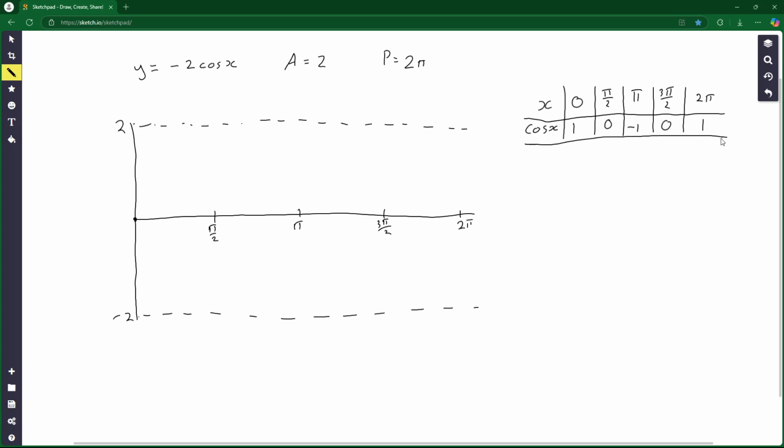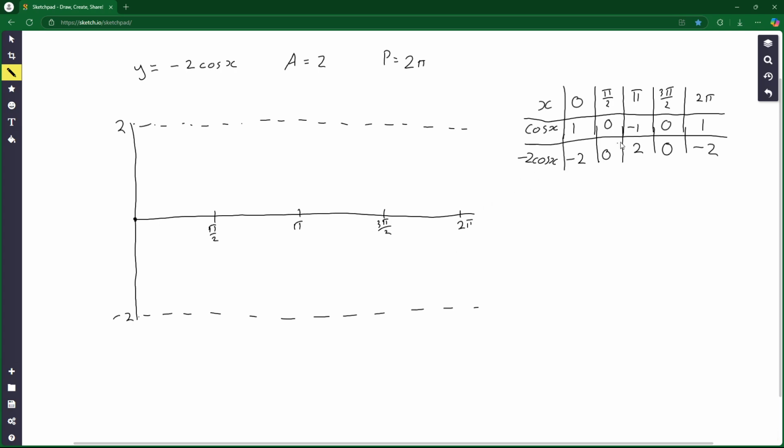Okay. Now we are going to do our -2 cosine x. So 1 times -2 is going to be -2. This is just going to equal 0. -1 times -2 is +2. 0 times whatever, 0. And then back down to -2.